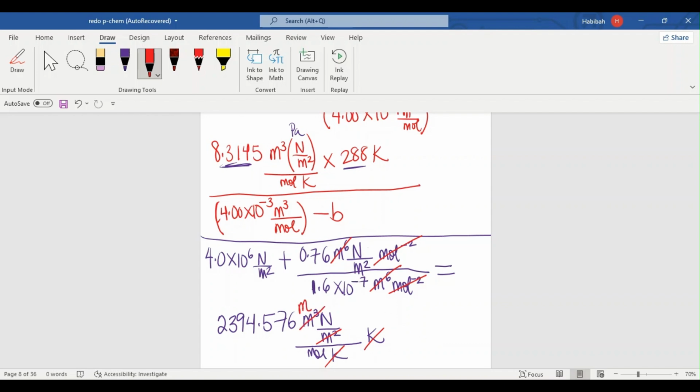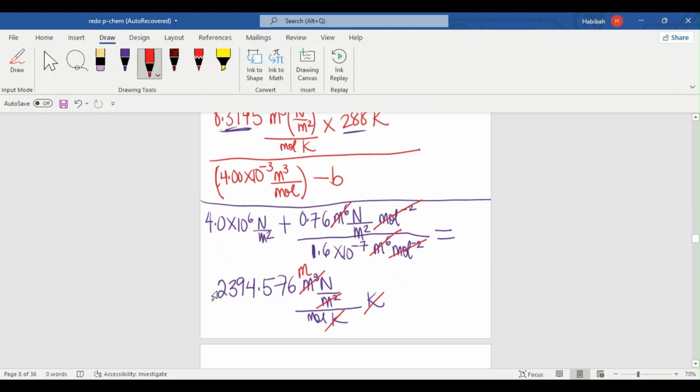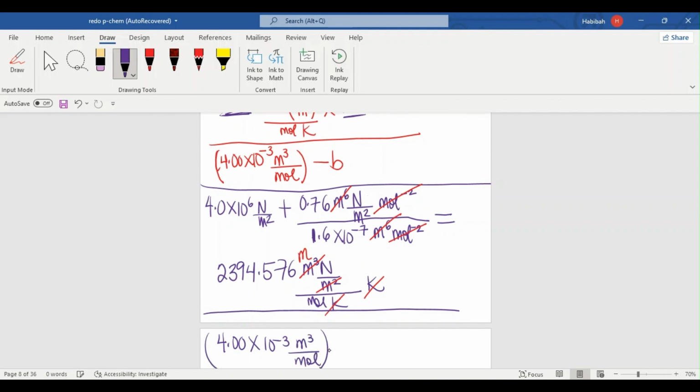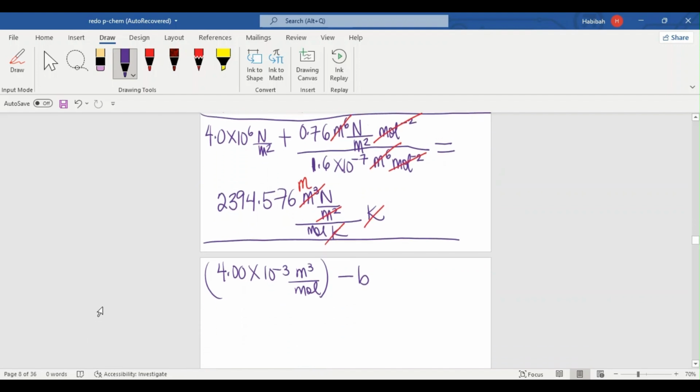Of course, this is just the numerator, so I'm going to have it divided by 4.00 times 10 to the power of negative 3 meter cubed per mole minus b. So this is the denominator. I'm trying my best not to confuse you guys, and with time it's going to be easy for you to digest.